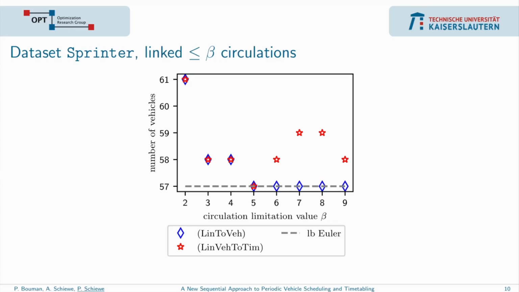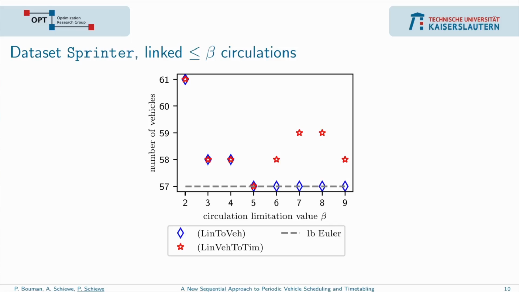So we see here that using circulations containing fewer lines might be beneficial in the timetabling stage. What we also compared this to is the number of vehicles needed when we are using Euler tours, so large circulations, but these give a lower bound of the number of vehicles needed overall.